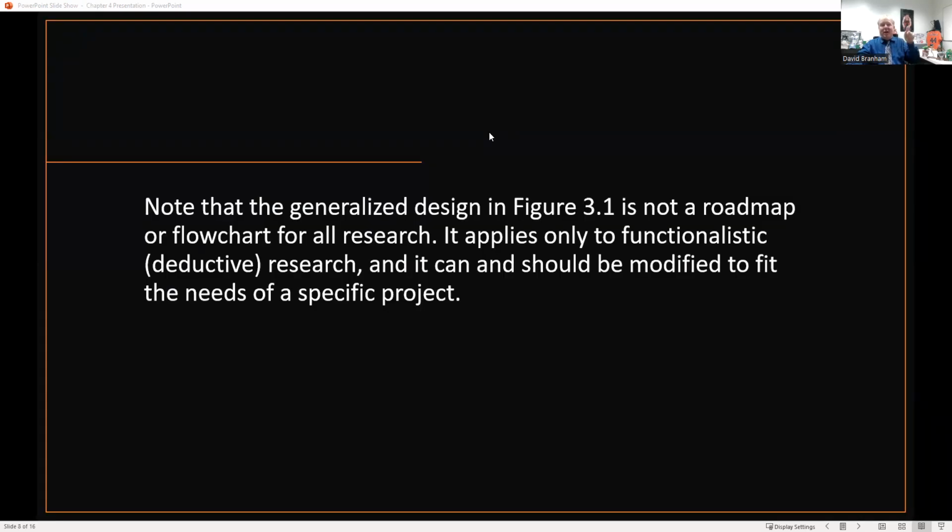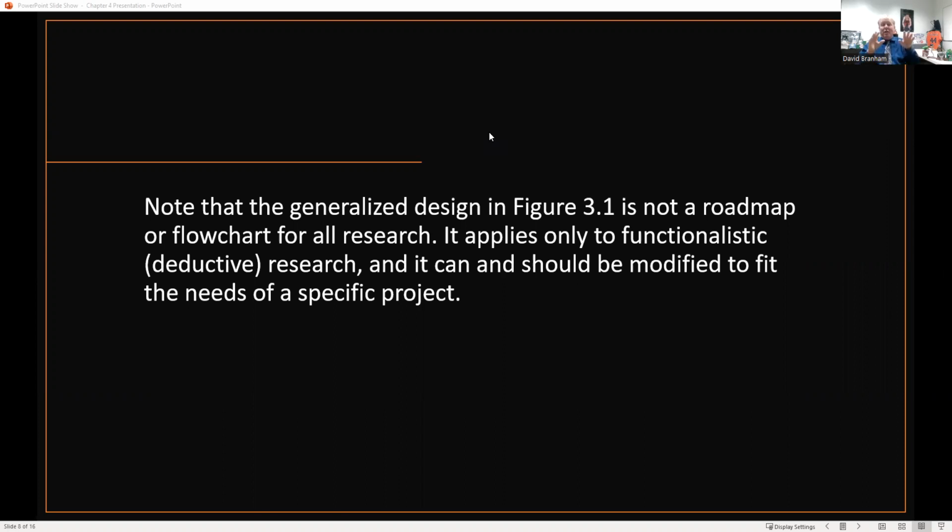Also note that, and I put this note in here myself, it's not in your book chapter, but the generalized design in figure 3.1, that stage process, is not a roadmap or a flowchart for all research. It only applies to functionalistic or deductive research, and it can and should be modified to fit the needs of the special project.